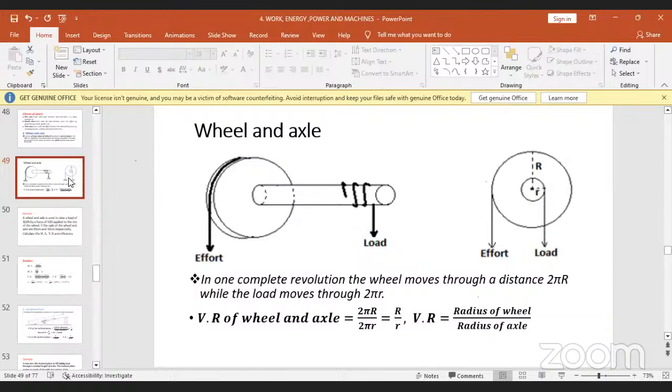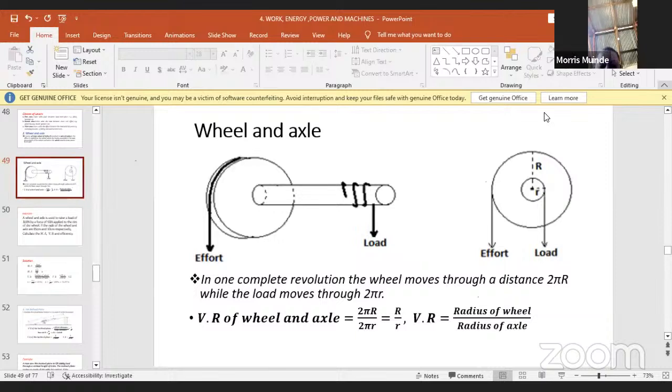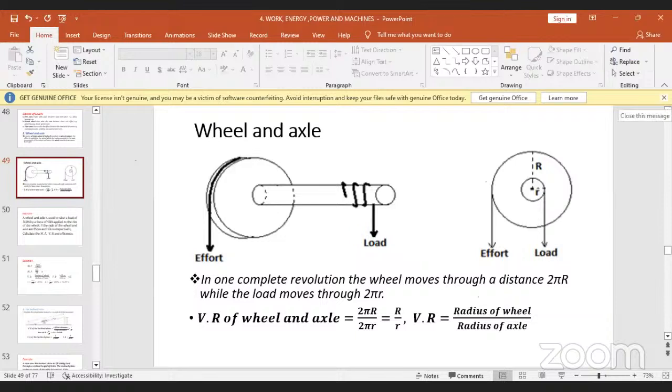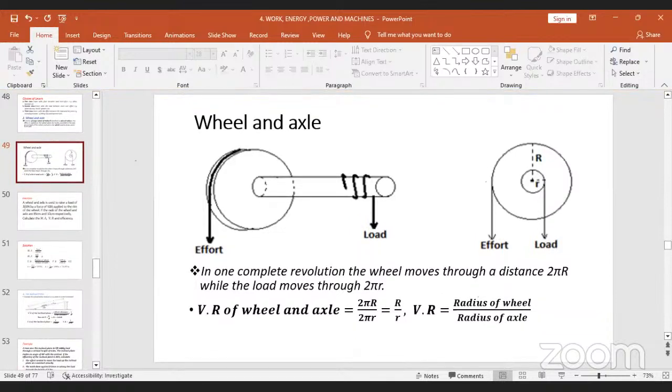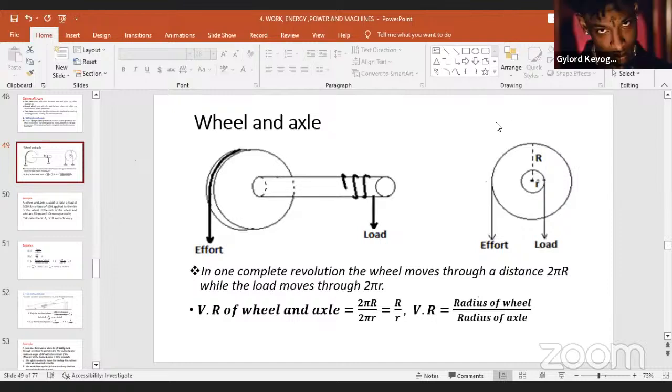Somebody, where do we come across a wheel and an axle as a machine? In wells. In? Let's say a flag.